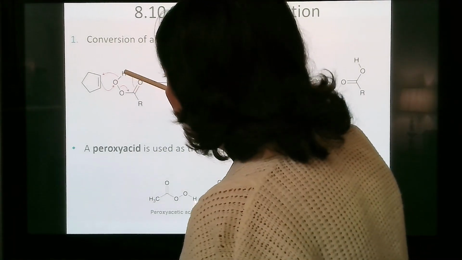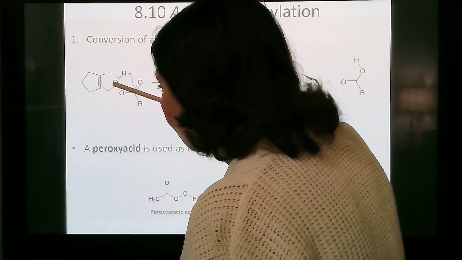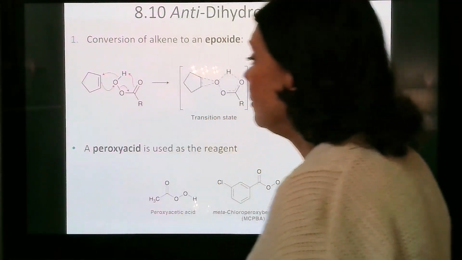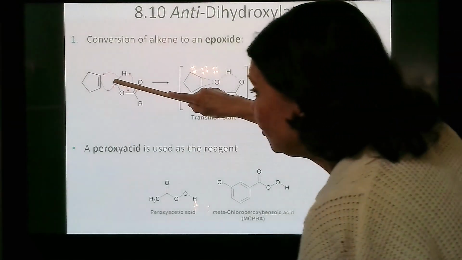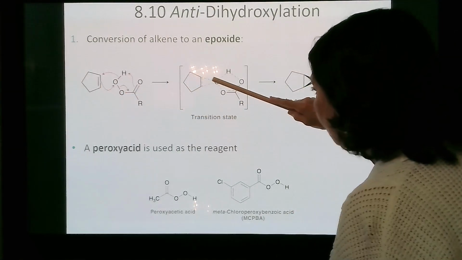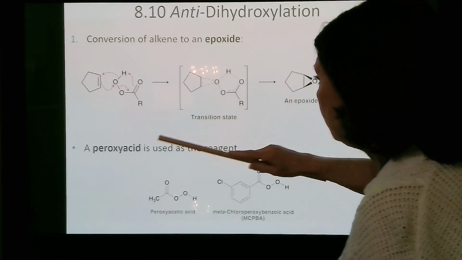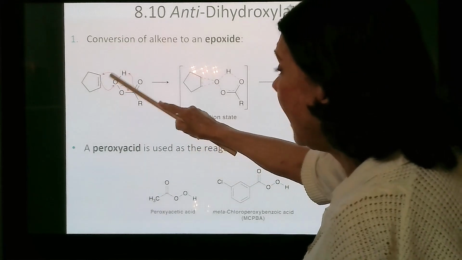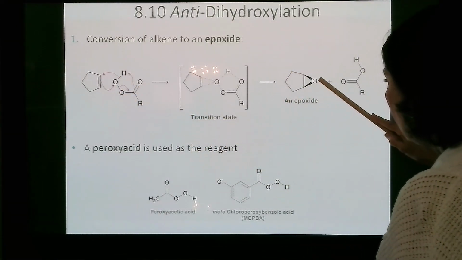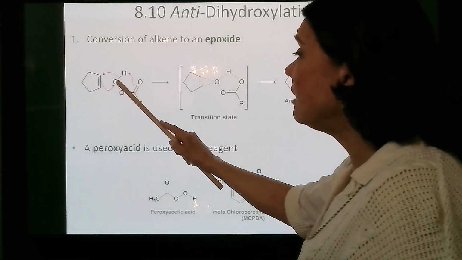It is drawn closest to the double bond, because it's known that this is the exact oxygen that is inserted and becomes part of the epoxide. There have been studies done where that oxygen was labeled, and after the reaction takes place, the label is in the epoxide. So it's known that it's this oxygen.